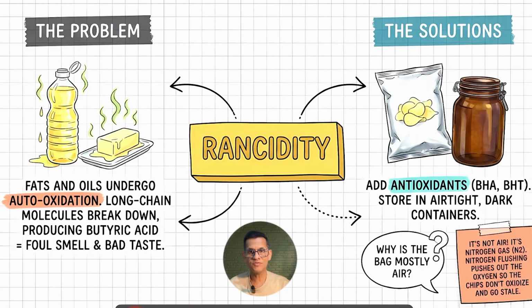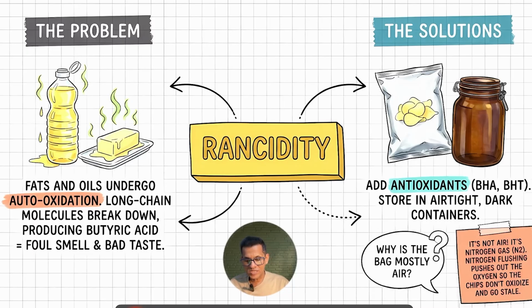The second example we need to see is called rancidity. Rancidity is basically when the fats and oils in your oily food or chips, for example, get oxidized when they are exposed to air. They react with oxygen. So they start smelling foul, their taste changes, and this particular phenomenon is called rancidity.